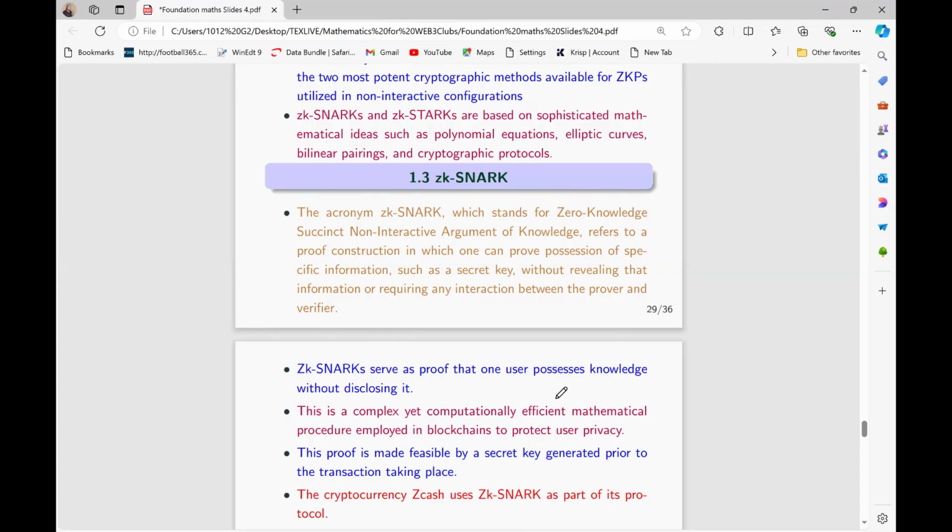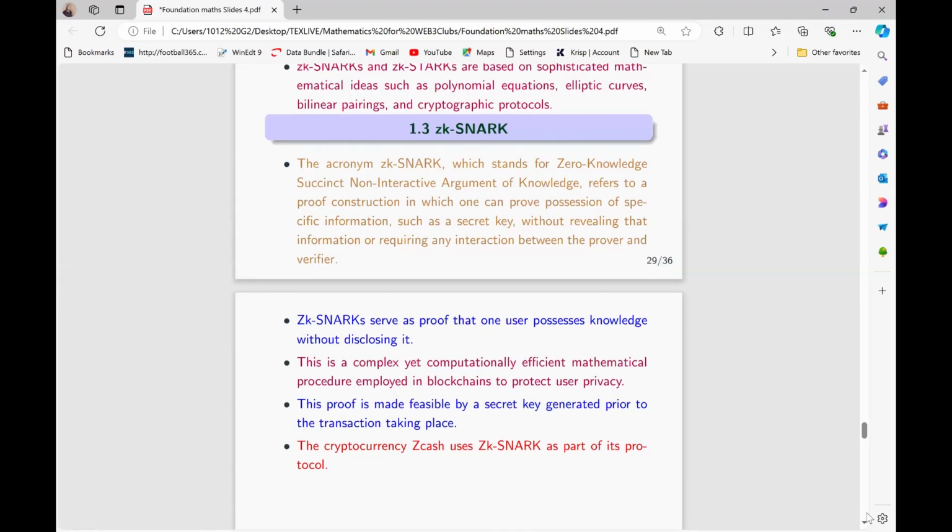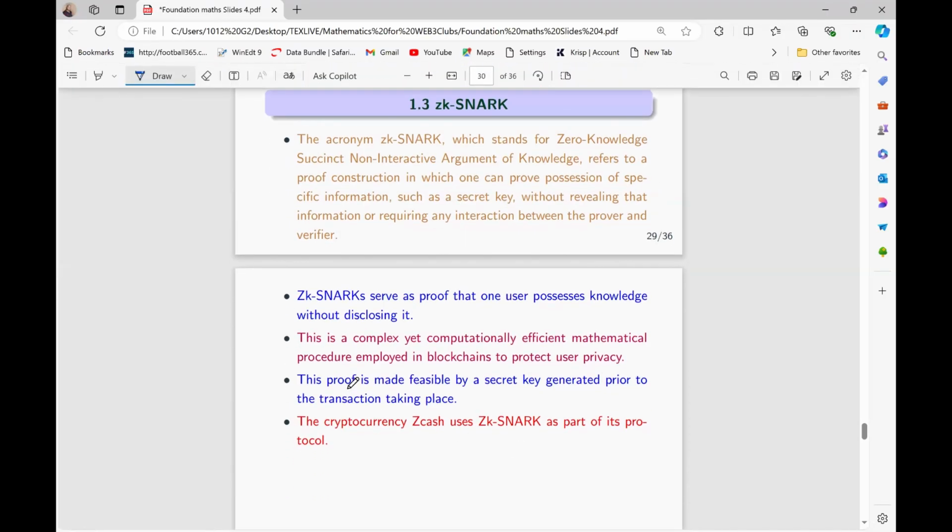And part of that mathematics is from elliptic curves, polynomials, and so on. So it's not one type of mathematics. It's a combination of several mathematics put together.